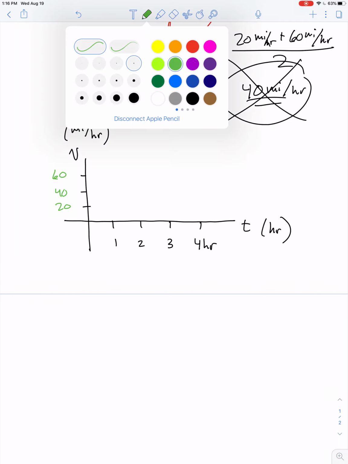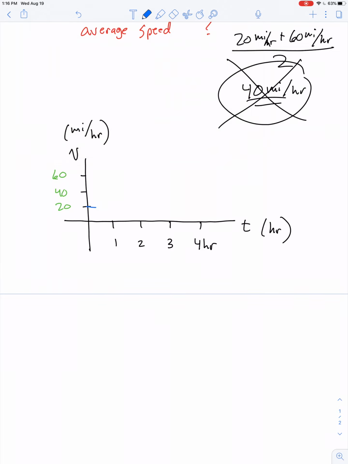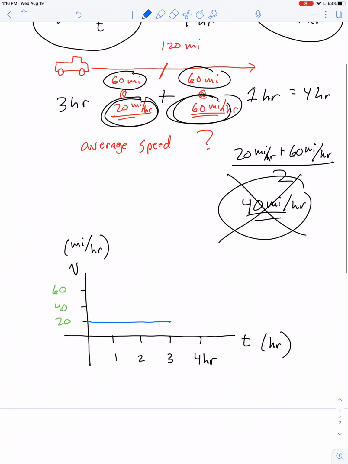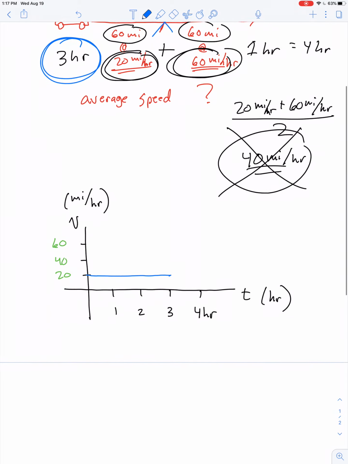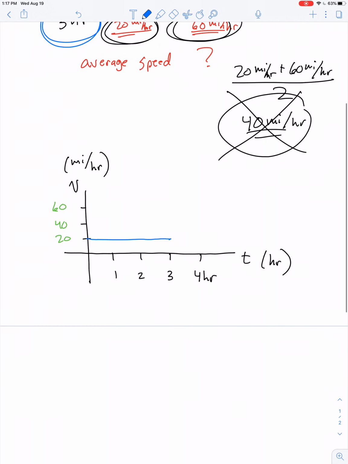The truck maintained 20 miles per hour for the first 1, 2, 3 hours, right? And then all of a sudden, boom, right at this spot, the traffic cleared up, and in an instant, the truck speed increased up to 60 miles per hour, but only maintained that for a time of 1 hour.